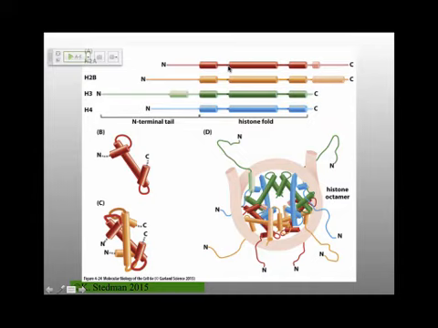It doesn't matter if it's histone H3, histone H4, H2A, or H2B, they all have this histone fold to them, and that histone fold just loves to dimerize. So that's what we just talked about. We had the dimer of dimers, H3, H4, and then H2A and H2B, which are then coming together to form this structure here.